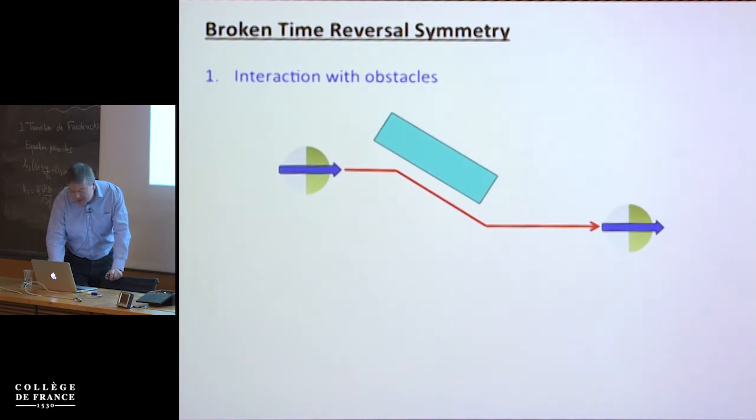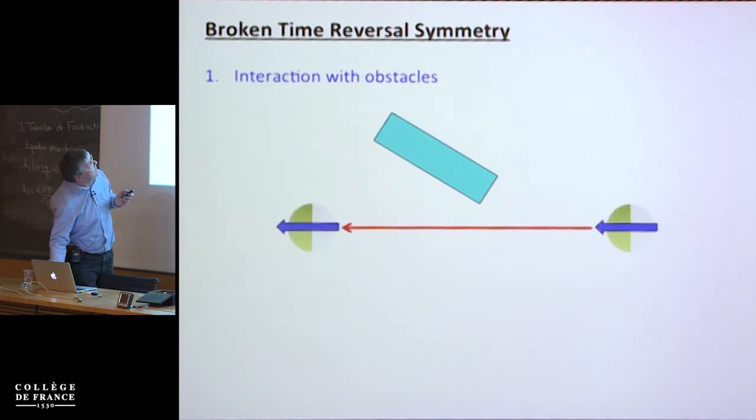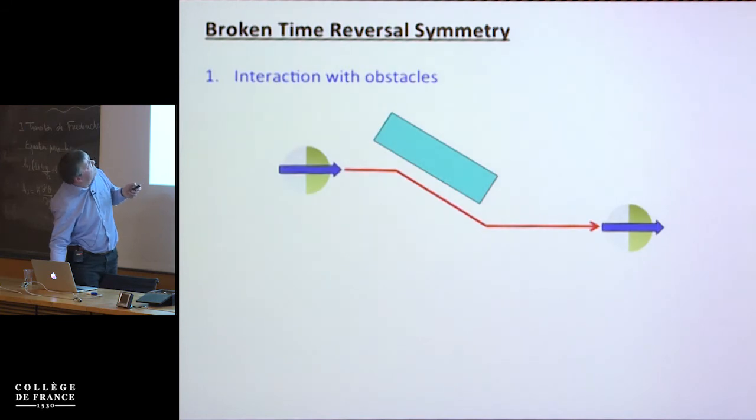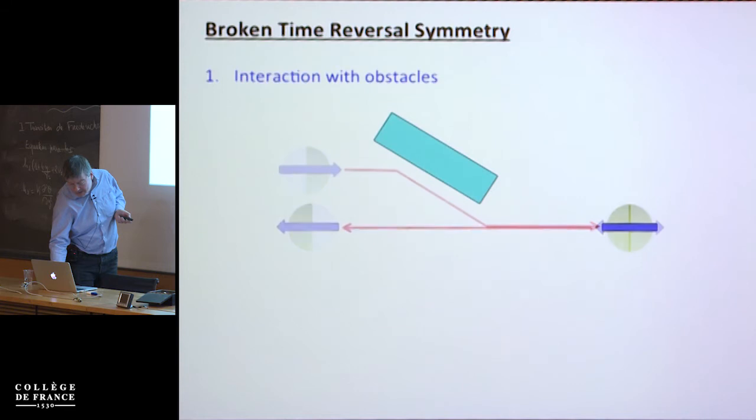If such a particle interacts with an obstacle, and I think of reversing its path, what it does not do is the reverse of the path I've shown here. If I just flip this over and watch it run the other way, it will just go straight past the obstacle. I'm speaking schematically now, but this is one of the ways in which the irreversibility of the underlying microscopic dynamics manifests itself at the large scale in single particle or collective behavior.